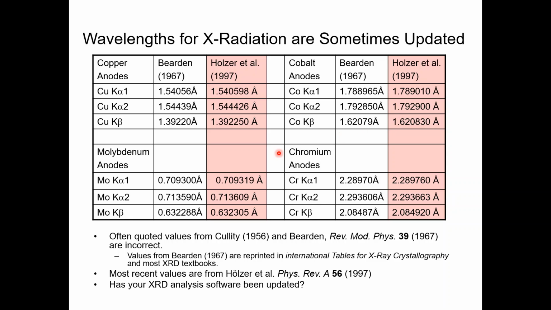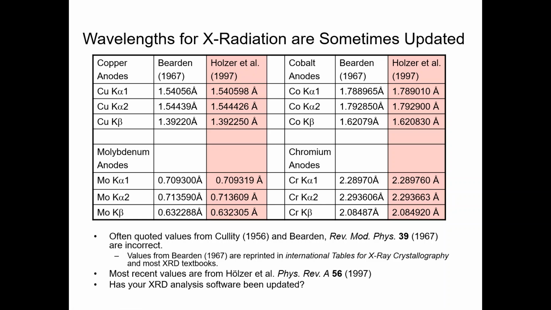Then similarly, if we use molybdenum or chromium anodes, according to Bearden and Holzer, again the values are being given. Here people normally get confused about what sort of values we should utilize, or should consider as a standard. Don't worry about that.